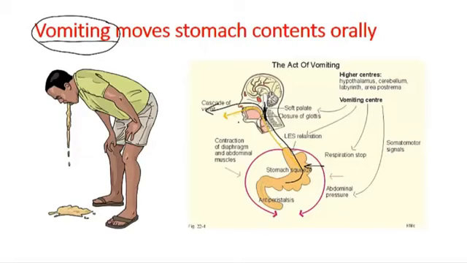Increased intracranial pressure can also result in vomiting tendencies, and so can tickling the back of the throat, which most of us experience sometimes in our life. And noxious or toxic chemicals can also make it happen.